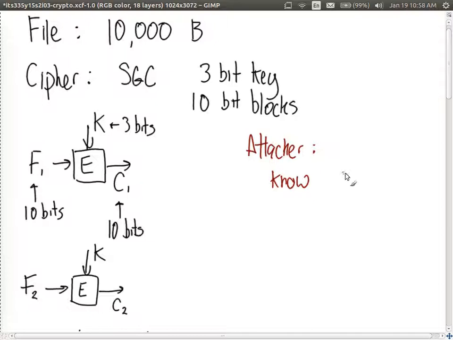They know the ciphertext. They know the algorithm, the cipher. That's the assumption we make with respect to the attacker. They know what the ciphertext is, and they know what algorithm was used to encrypt. They know the decryption algorithm. They want to find the key or the plain text.